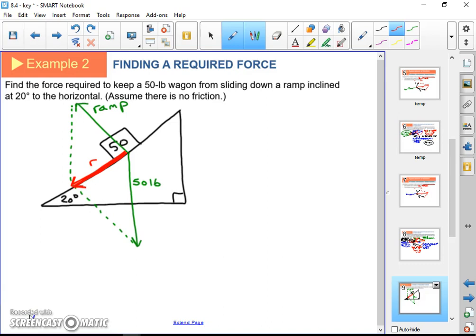So you've got gravity acting on this object, you've got the slope of the plane acting on this object, and then the result is that it's going to slide down the hill. So we don't want to find the resultant, we want to find the force required to keep it from sliding down the resultant. That sounds an awful lot like the equilibrant.